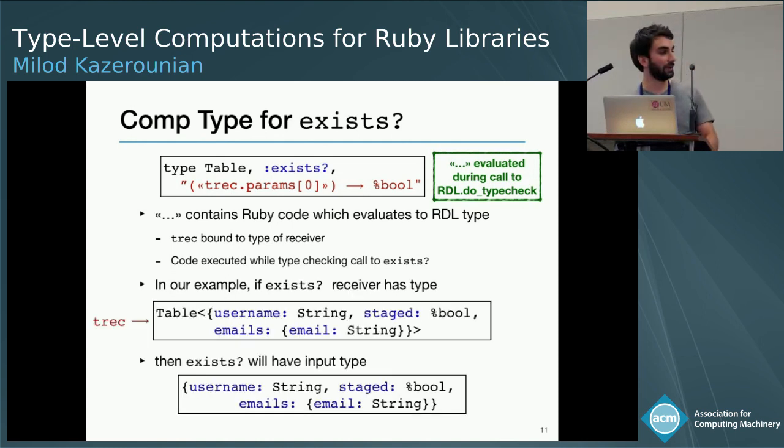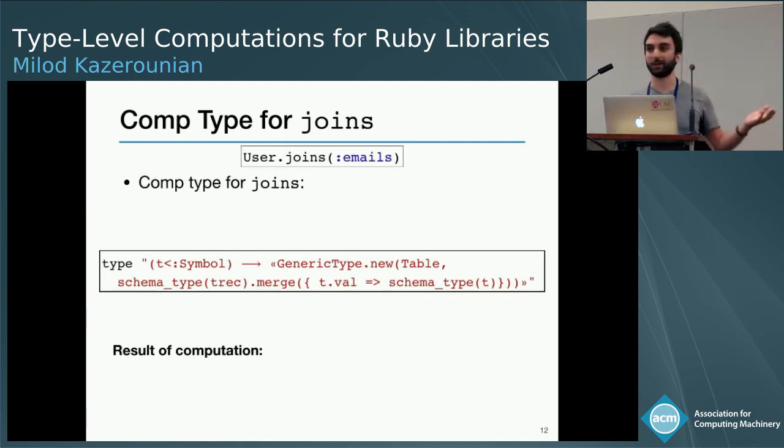So for example, if the receiver of an exist call has this table type that we saw before, then we're going to bind trec to that table type. Then we're going to actually run that type-level code, and we're going to determine that for this particular case, the input type for exists is this hash type, which tells us the columns we're allowed to query and the types that are associated with those columns.